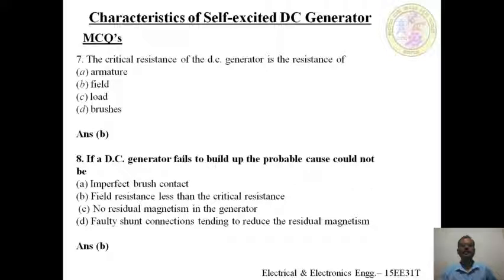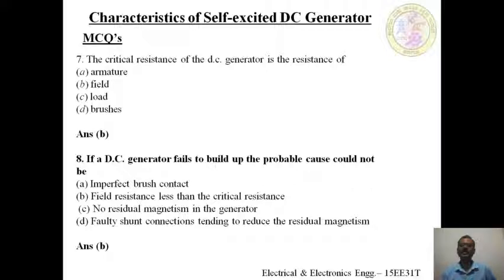Eighth one. If a DC generator fails to build up, the probable cause could not be. Sometimes questions will be asked like this. We have studied the factors affecting the voltage buildup, factors which make a generator fail.